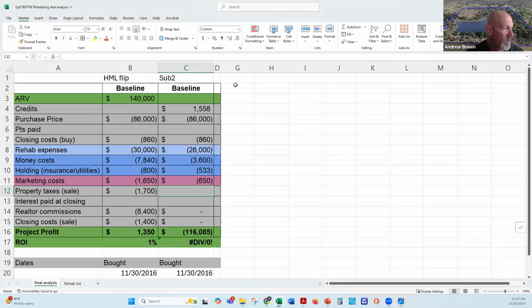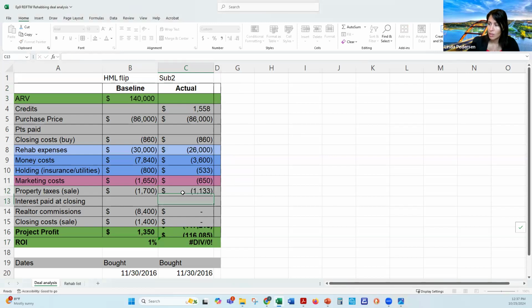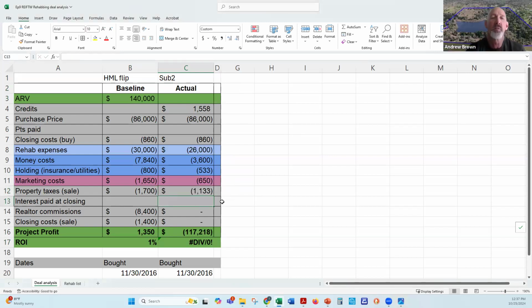Okay, so by doing it faster, we got the property taxes down to 1133. Oh, okay. Realtor commissions: this is when the market just started booming right after we purchased this.